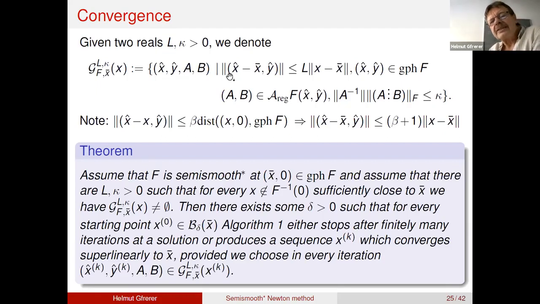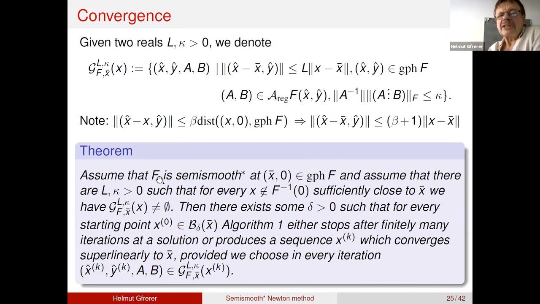Note that this condition for the approximation step is in particular fulfilled if we choose our point x hat and y hat satisfying this condition here. That is, we have only to choose some approximate projection of the point x and 0 to the graph of our mapping F.